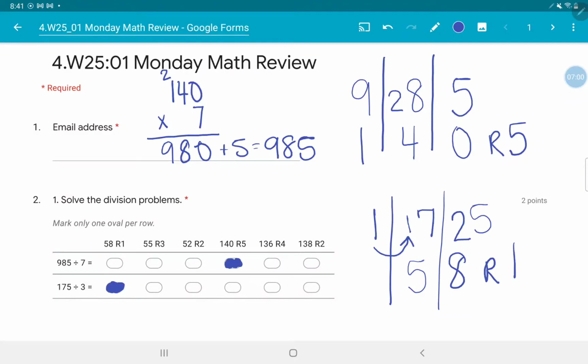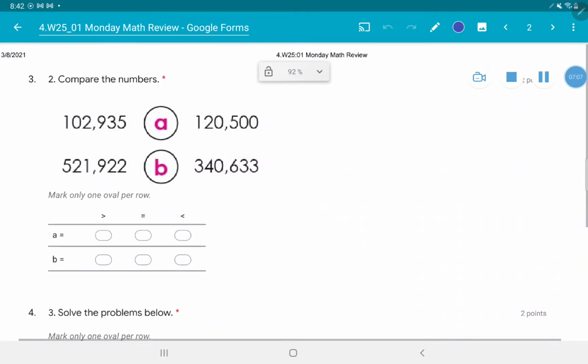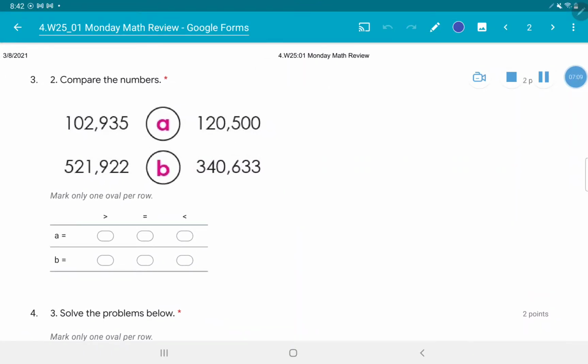Questions about those division problems? All right, Owen, tell us what you did to solve this next problem, comparing the numbers. With the first one, I noticed that each one was 100,000, so I moved down, and that one didn't have a 10,000, and that one had 20,000, so I marked that.